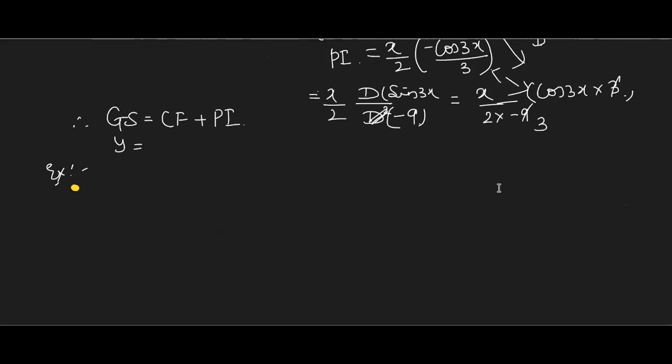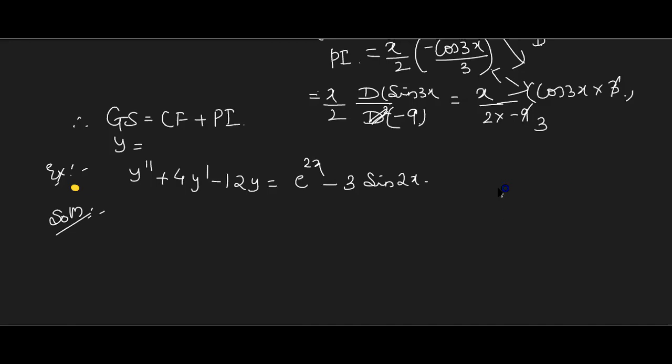Write down the next example. It is y double dash plus 4y dash minus 12y is equal to e raised to 2x minus 3 sine 2x. I'll give you 2 minutes. Just find out the CF part fast.